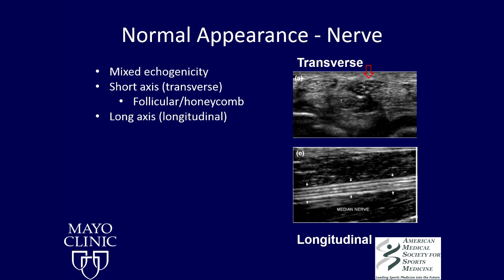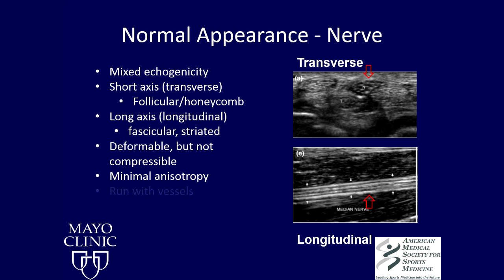In the long axis, again, they have a fascicular appearance. It's striated. They are going to be deformable, but not compressible. And what that means is when you push on a nerve, the nerve doesn't disappear, but it might deform, whereas something that's compressible will disappear. They're not very susceptible to anisotropy, and they travel with vessels, and that's one of the ways you can help differentiate between nerves and tendons.